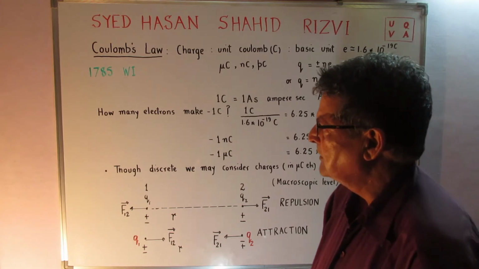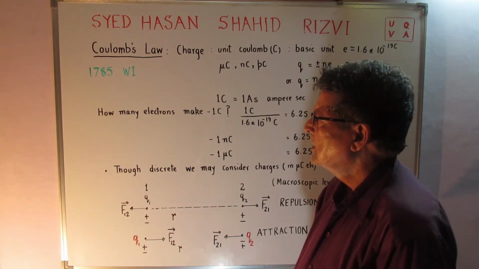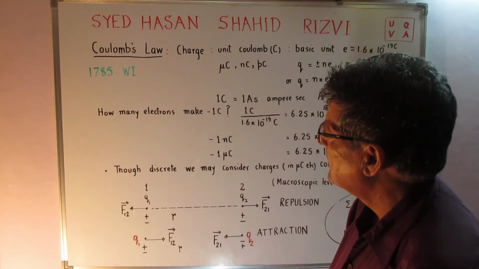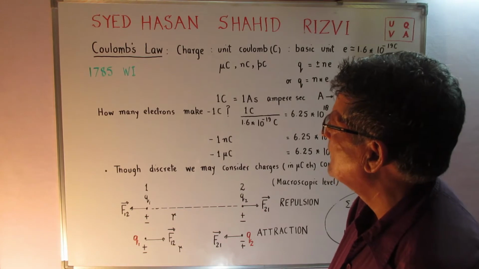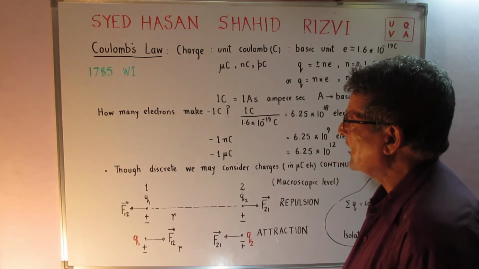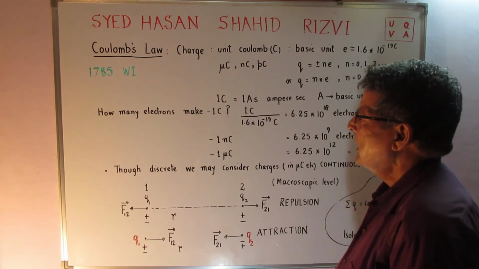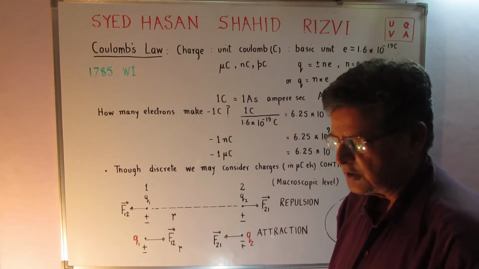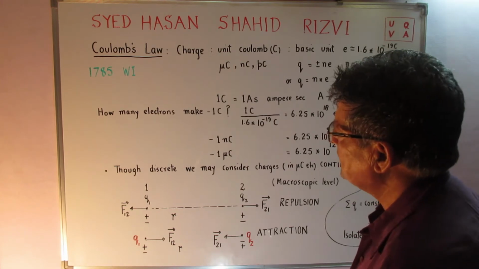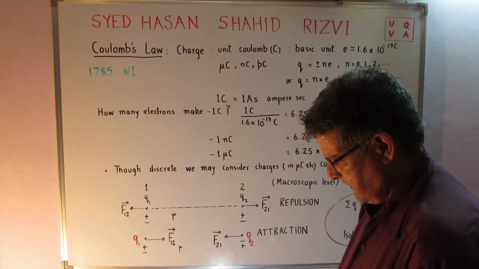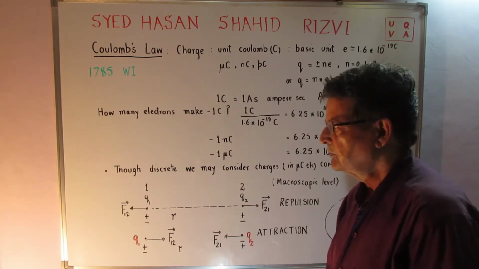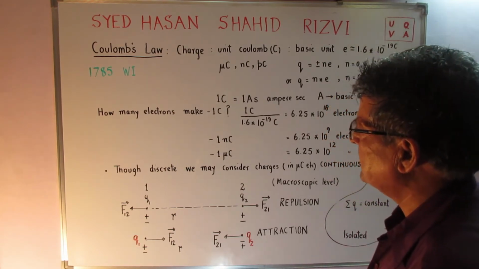Anyway, he must have been an Englishman, because they were the real sovereigns in the West Indies at that time, and he was a military engineer. He made an extensive study of charges and their behavior.